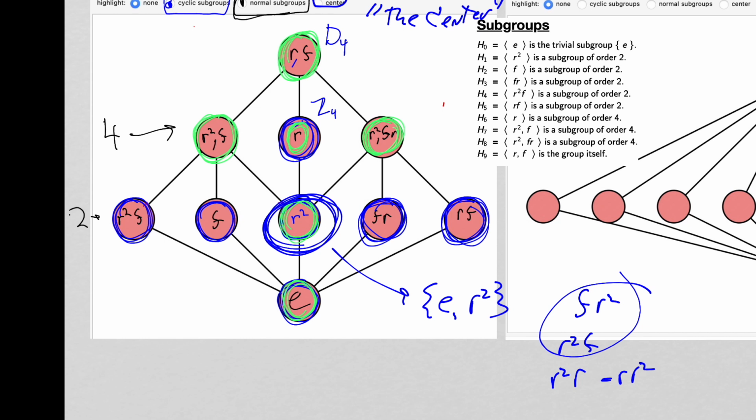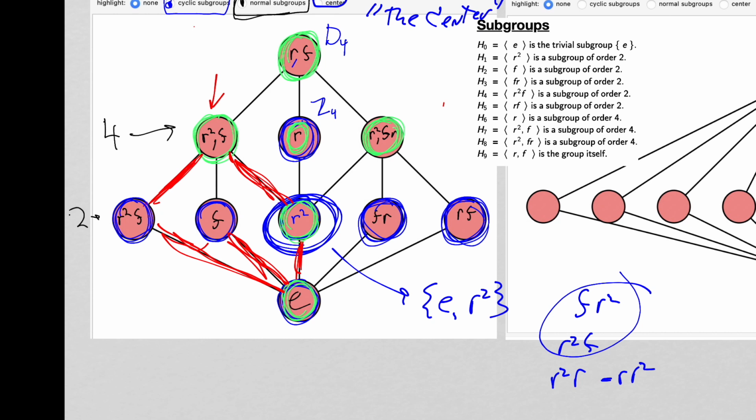And the center is an important group when you start studying the idea of group actions. And lastly, something to note while we're on this. Remember, we were talking about treating this group right here and looking at its subgroup lattice, which is now highlighted in red.